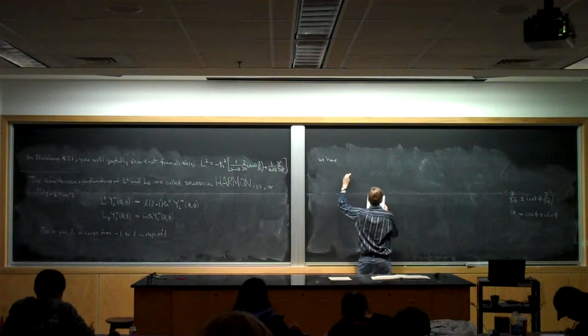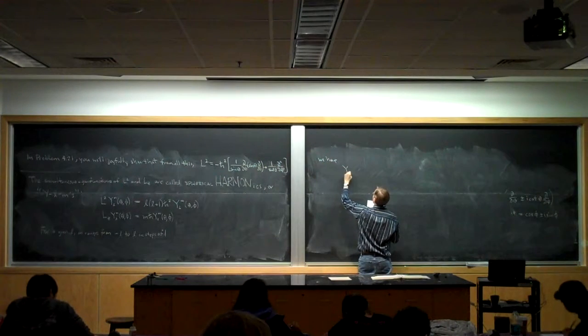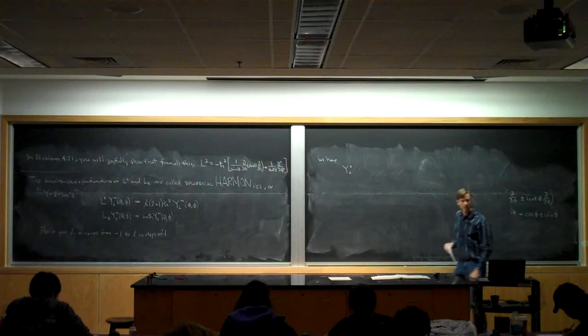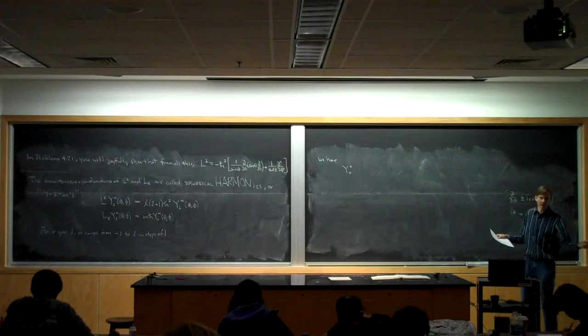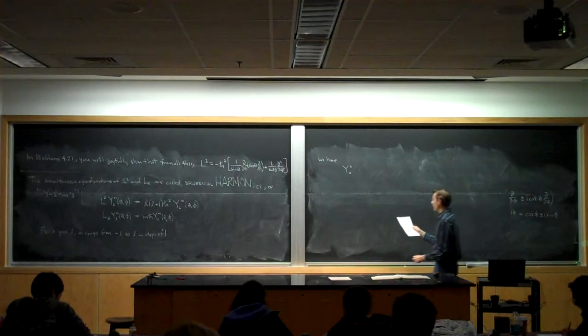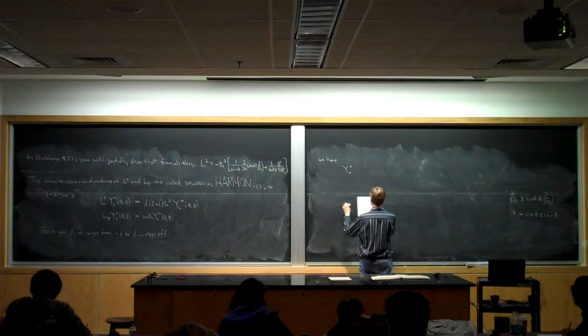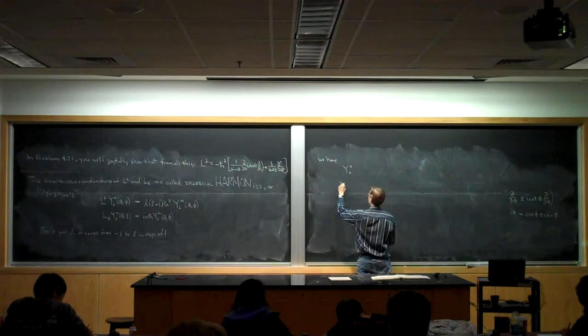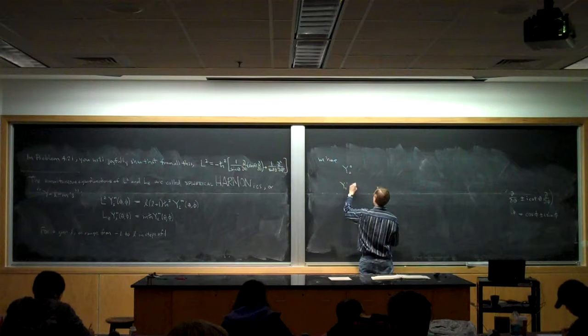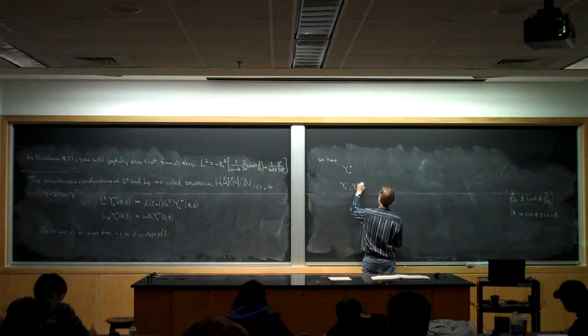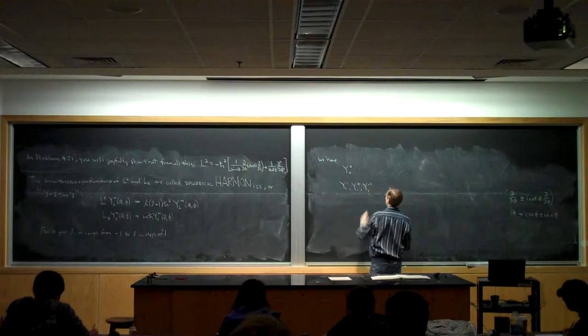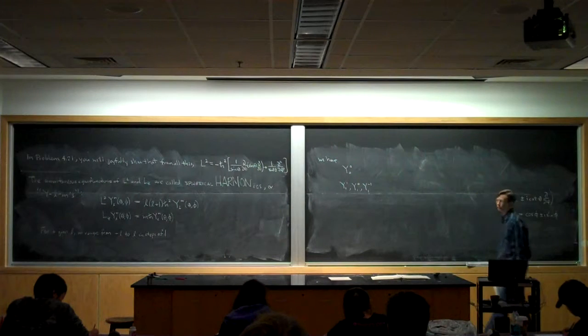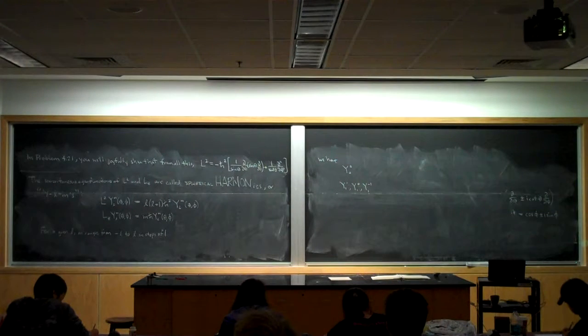Y00 is a possibility of theta and phi. I'm not going to keep writing of theta and phi. Y00, and then there is Y11, comma, Y10, comma, Y1 minus 1. Those are the 3 YLMs for L equals 1.